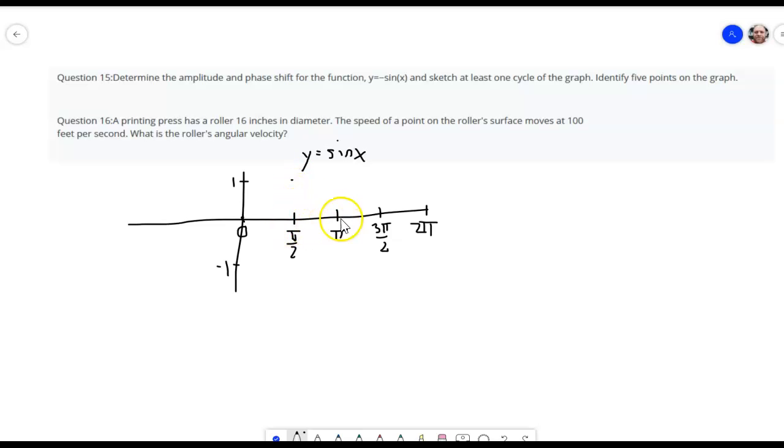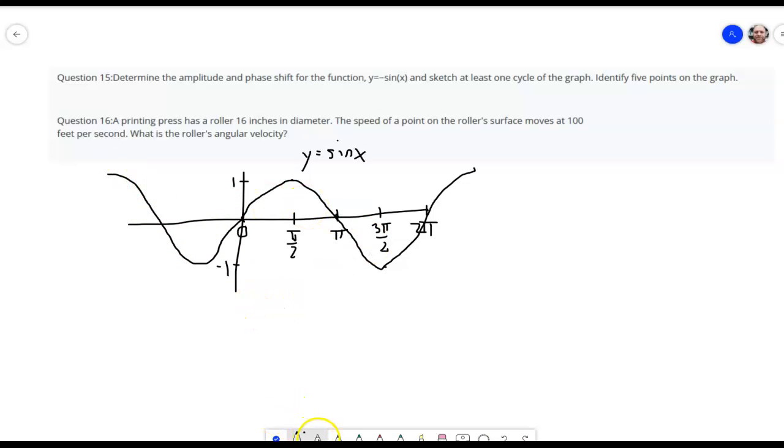And when your angle is equal to pi, your y value is 0, and then it goes to negative 1 at 3 pi over 2, and then 0 at 2 pi, and it's going to look something like this. And this is going to keep repeating, going on and on forever.